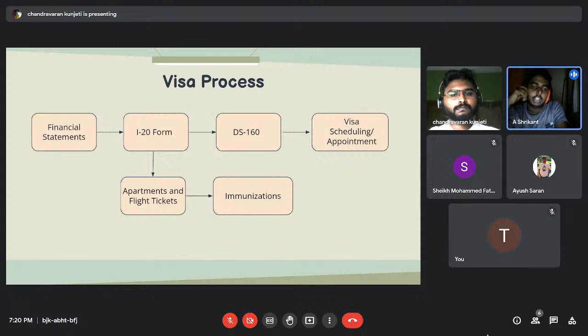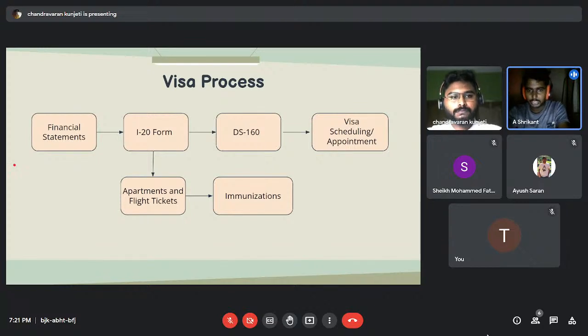So then flight tickets. It's very much recommended that you book them as early as possible, but in the I-20 form there is a restriction: the date at which your classes start, you can only book a ticket to the USA one month before that at the latest. If you book earlier than 1 month, you're not allowed to enter the US on the F1 visa status.